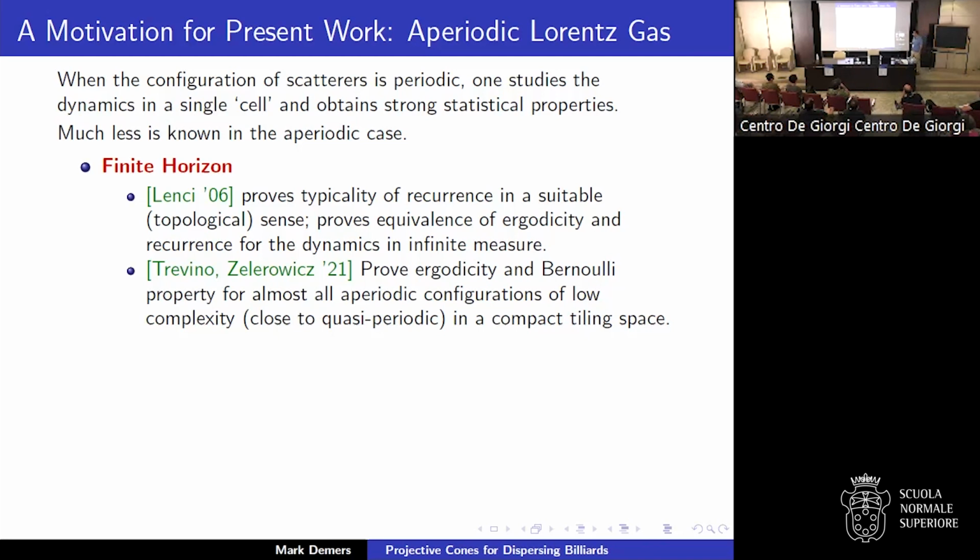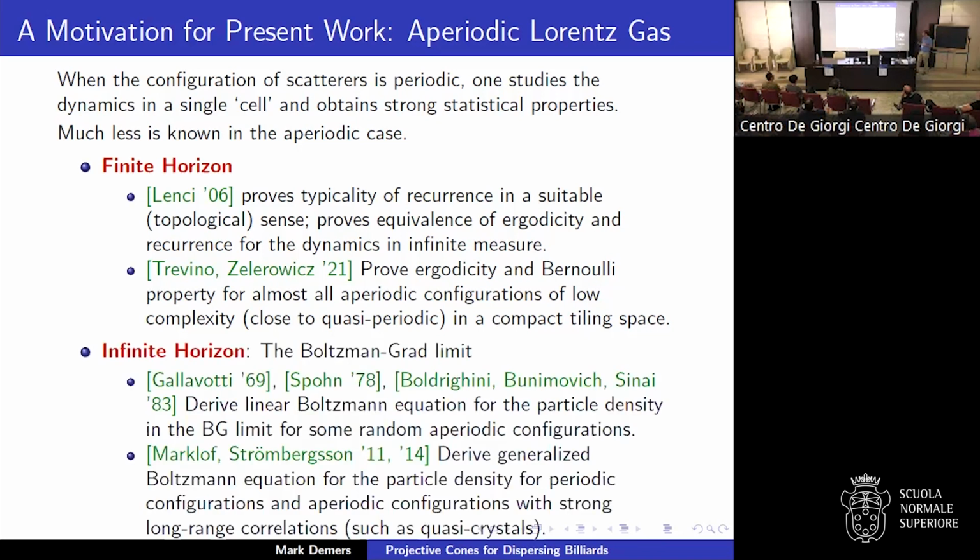More recently, Treviño and Zelerowicz have, for configurations that are not so aperiodic but have some linearly repetitive long-range structure, embedded the aperiodic configuration in a tiling space, creating a compactification, like what you would do in a single-cell type dynamics. You have a compact space again, and on that space you can prove some properties, for example mixing and K-mixing for this tiling system.